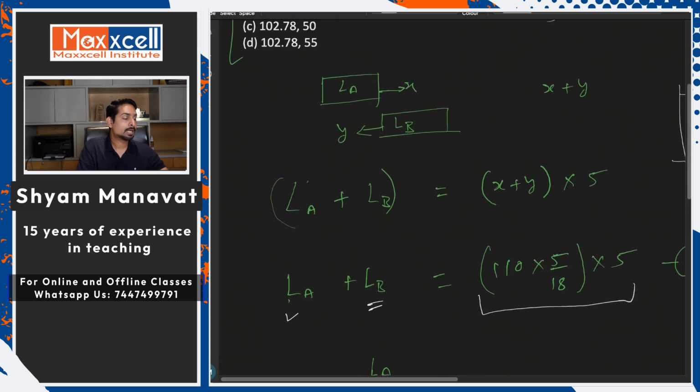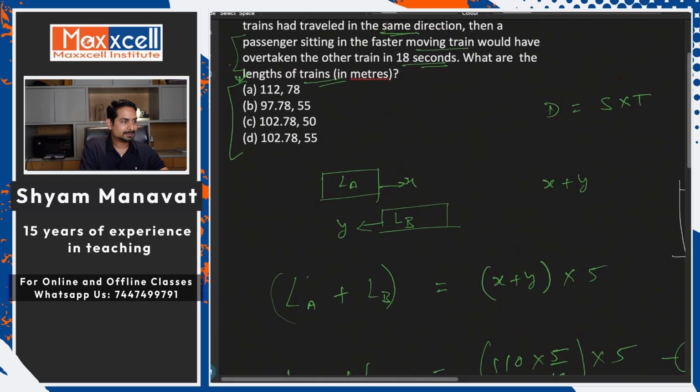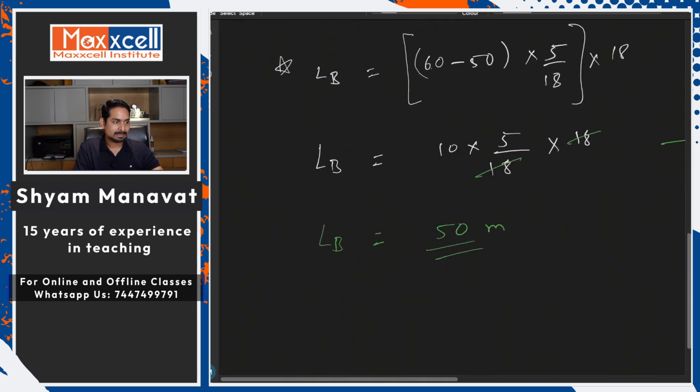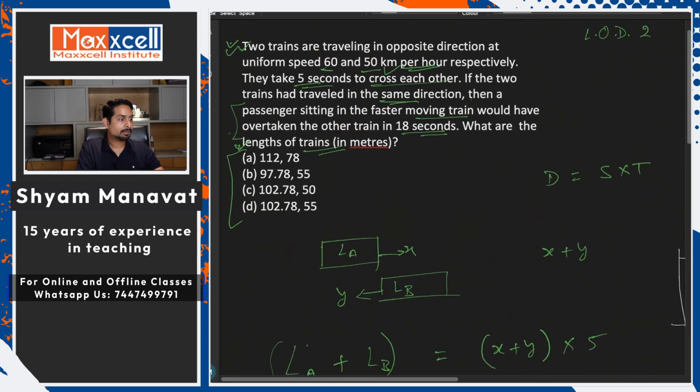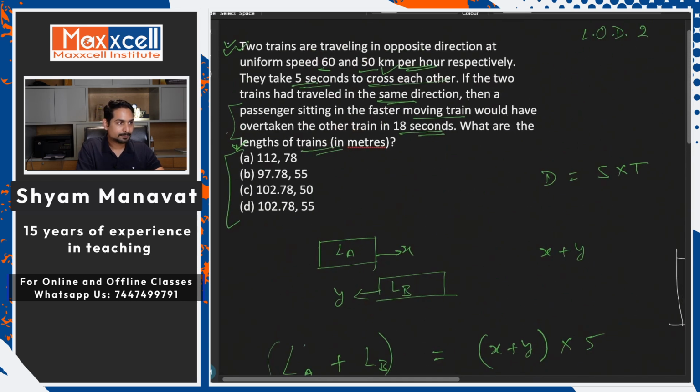Keep this in mind. Now look at the options. One of the train lengths must be 50 meters, right? Do you find 50 repeating as a train length in multiple options? No, it's only in one option. So you can directly mark option C as the answer.